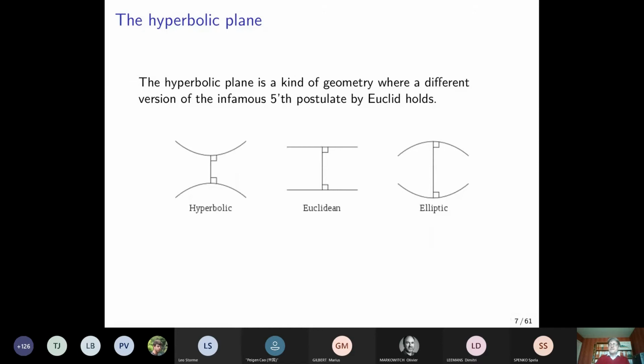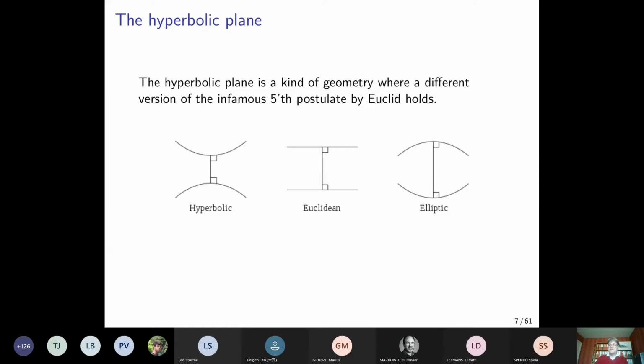We have seen that the axioms used by Euclid were supposed to be self-evident, but even so, among those axioms there was one that was considered by many to be less self-evident than the others. This was the so-called fifth postulate, which posits that through a point outside a line, there is exactly one line parallel to the given line.